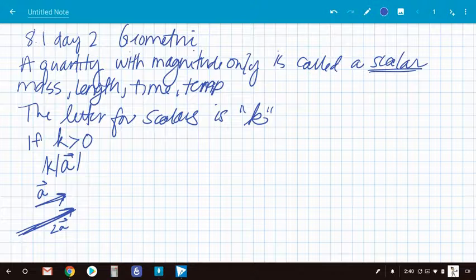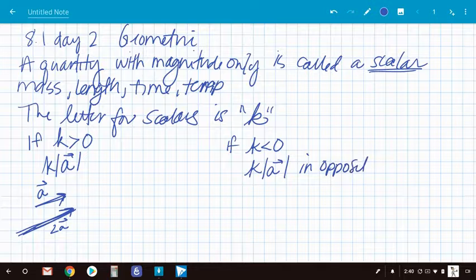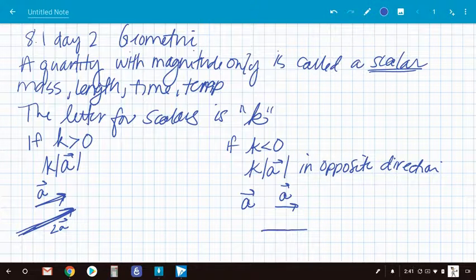Okay, if your scalar is less than 0, then you take that number, multiply it by A, but in the opposite direction. Okay, so if I have vector A again, like this, then this is negative 2A, for example.